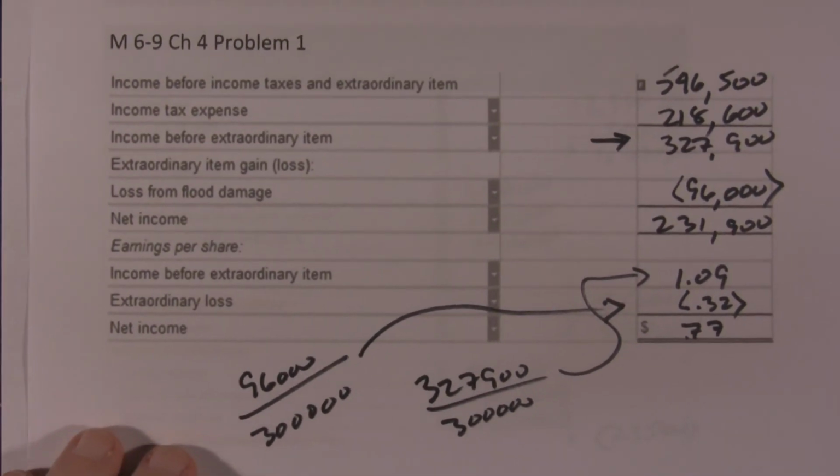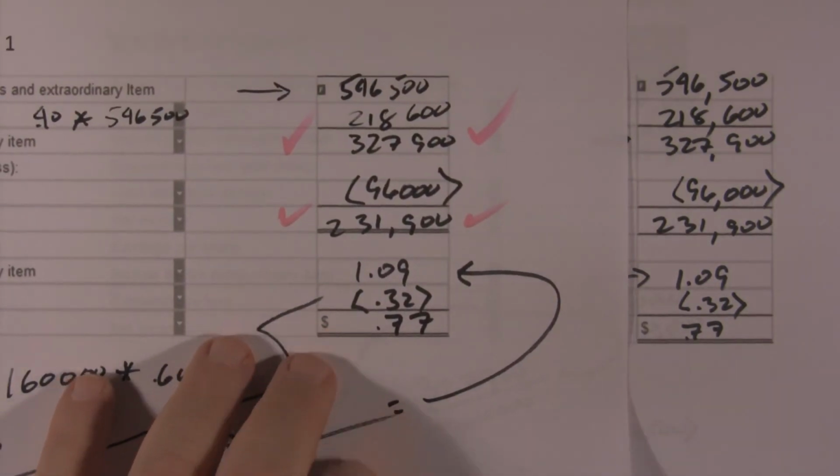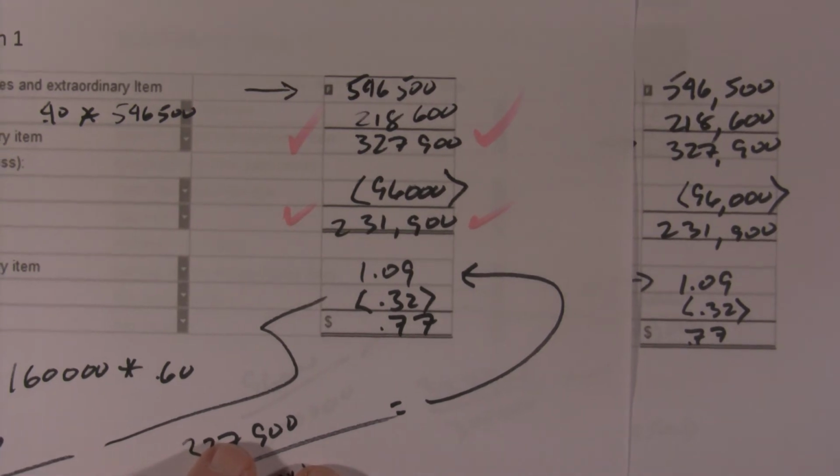Now, as we're going through that, I was hoping that you had the I've seen that before experience. Well, let me show you the single step and the multi-step income statement. After you get from income from operations, it's exactly the same.